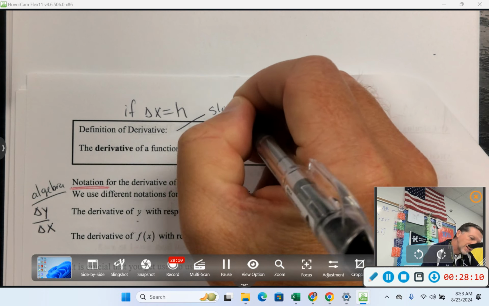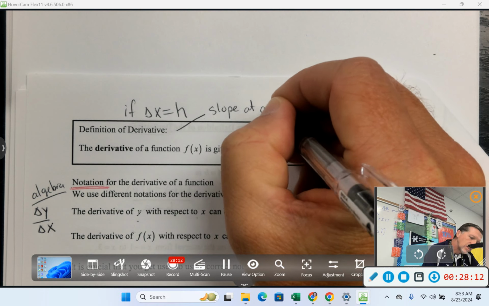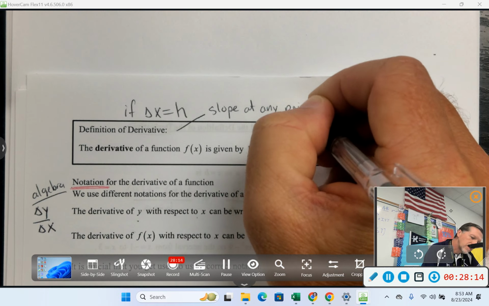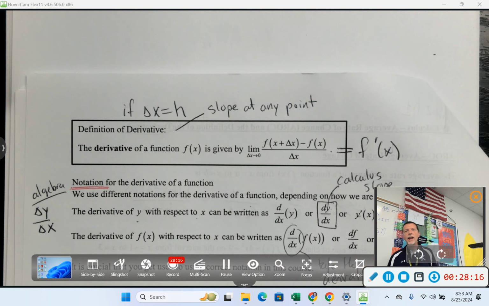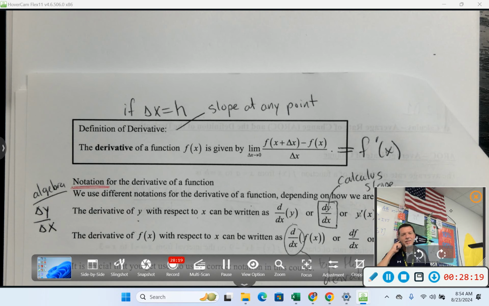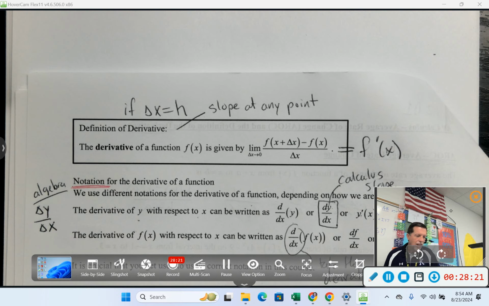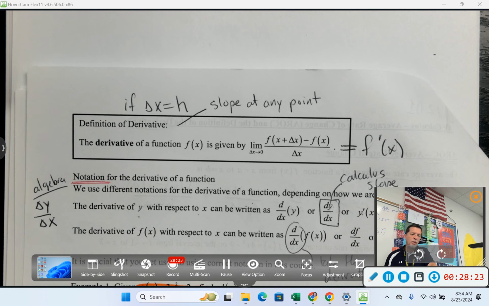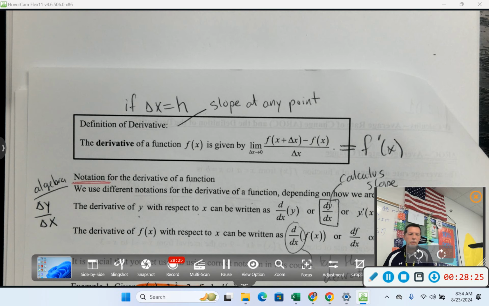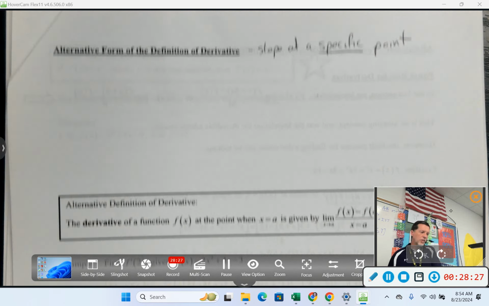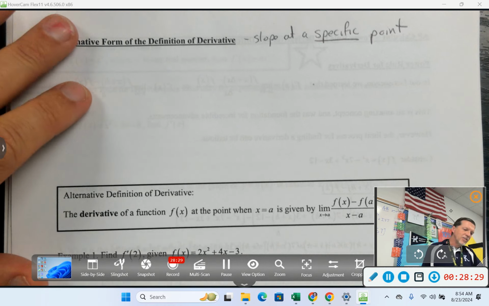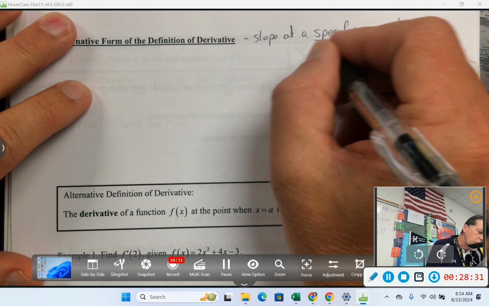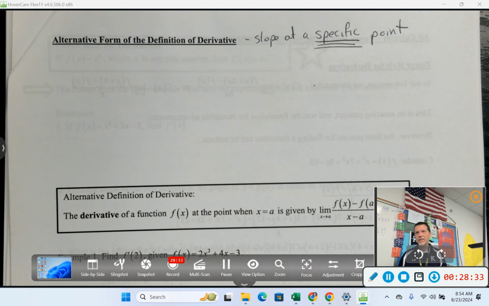Let's just write that in up here. The slope at any point. So our answers had x's in them because we could plug in any value of x into the example 1 or example 2 and find the slope at any point we wanted to. The alternative form, it's an easier form, but it only tells you the slope at one particular spot.